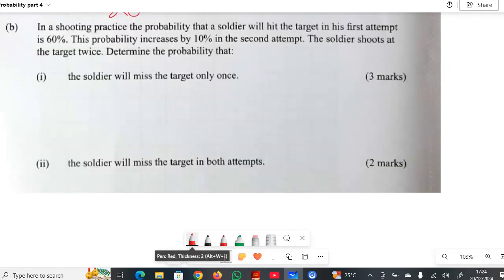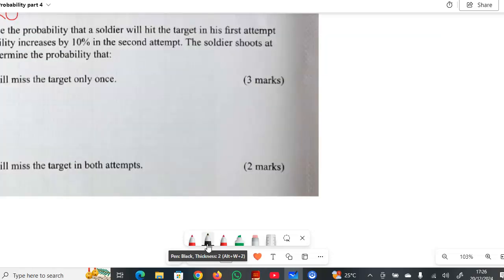So part B, we are told that in a shooting practice, the probability that a soldier will hit a target in the first attempt is 60%. The probability increases by 10% in the second attempt. The soldier shoots at the target twice. Determine the probability that the soldier will miss the target only once, and then the probability that the soldier will miss the target in both attempts.